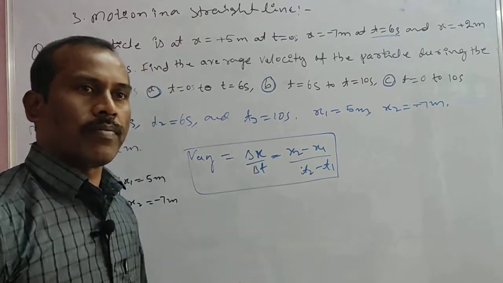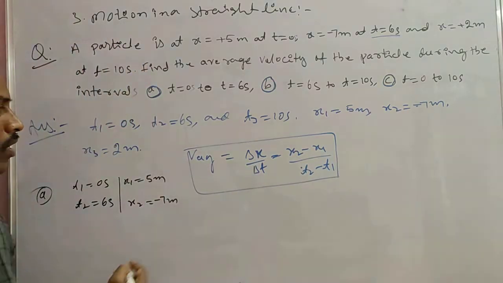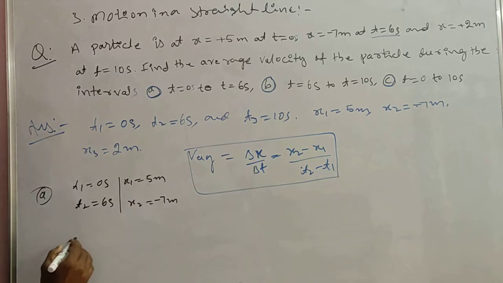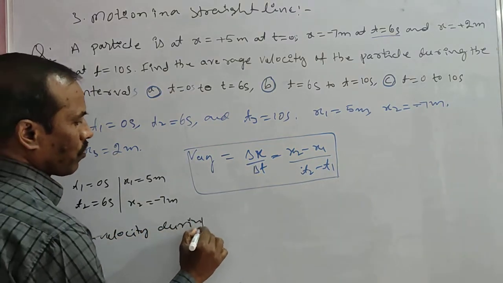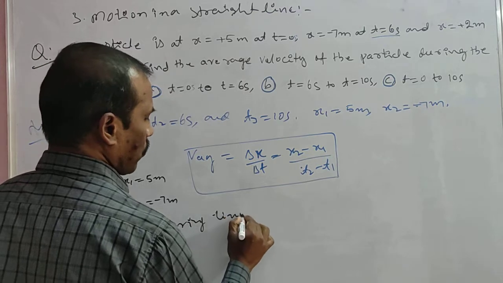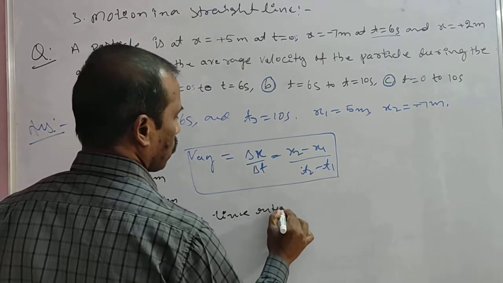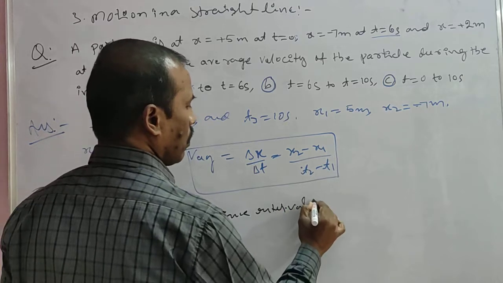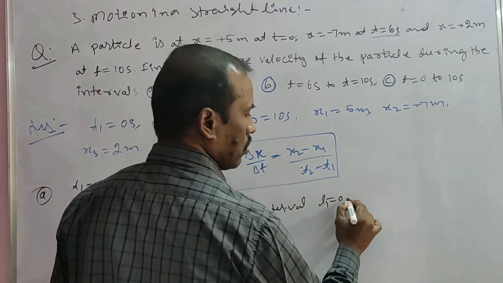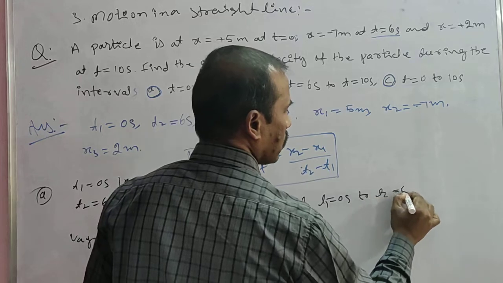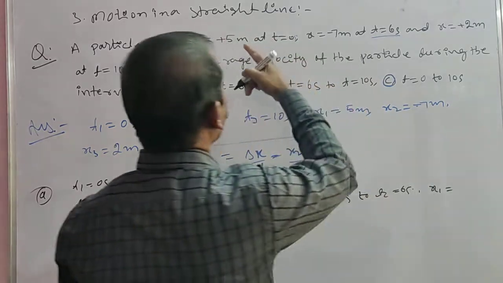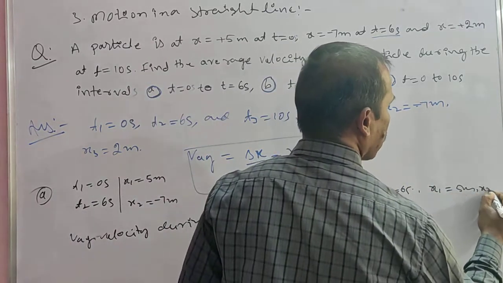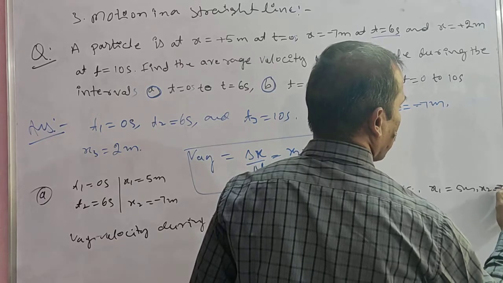Now the average velocity during the time interval t1 = 0 seconds to t2 = 6 seconds, with x1 = 5 meters and x2 = −7 meters.